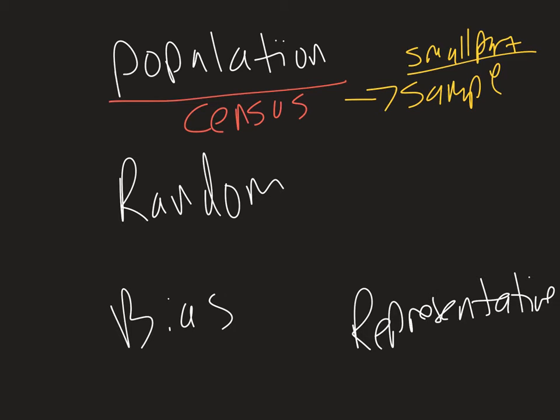So in order to make sure I have a good sample, because I want to make sure that when I do get my data, it's not going to point me the wrong way, there's a few terms here that are going to help us make a good sample. The first of which is to ensure that the sample is random. And random is fairly easy to grasp in that you're not choosing, basically. You're having a system, whether you have a random number generator or you're just pulling names out of a hat.